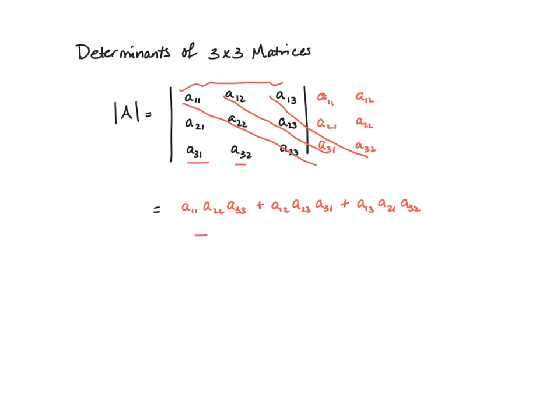And then I'm going to subtract going the other direction, following the same pattern. And that's just a faster way to get the answer that you would get doing the cofactor method.